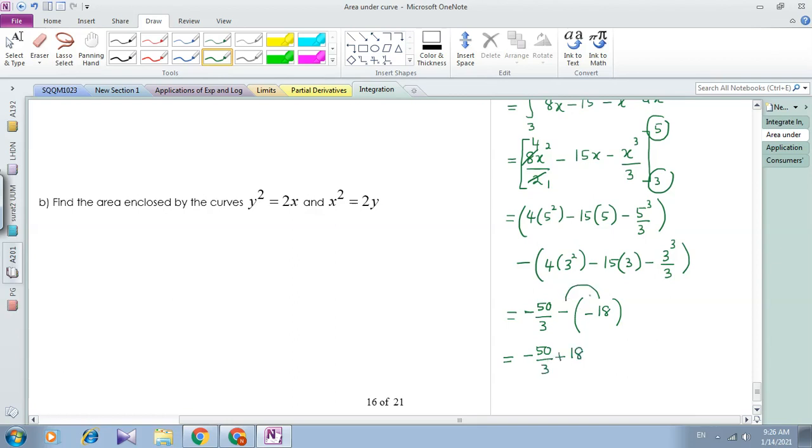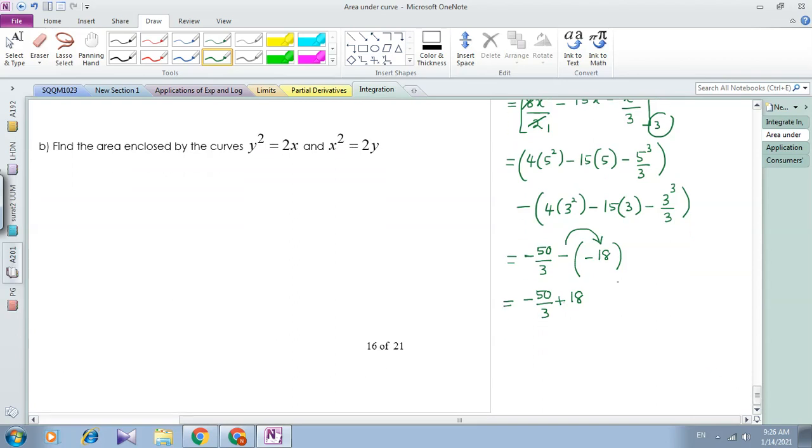Because negative and negative will yield positive. 18 is bigger than 50 over 3, because 50 over 3 is 16 point something. So you will get 4 over 3, and this is positive.